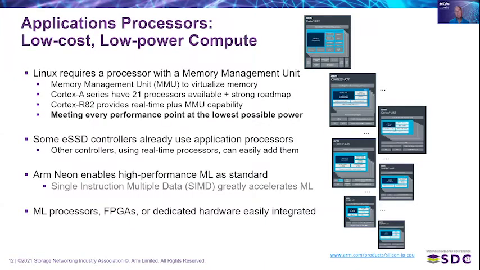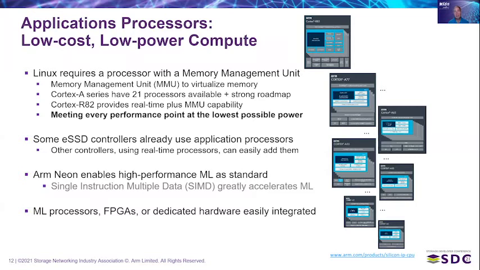Well, certainly the number one thing that's required to be able to run Linux or the Linux kernel is some type of memory management unit, an MMU, in order to virtualize memory. The MMU provides that virtualization that those high-level operating systems expect. There certainly are a number of options for that in terms of different types of ARM cores that are available.